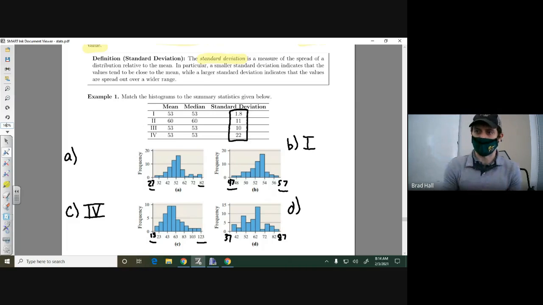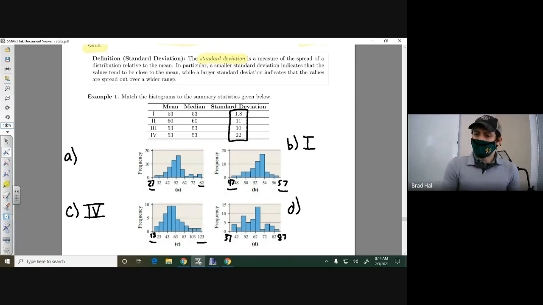It's a lot closer together to some central value. If anything, that's how this conceptual idea of a standard deviation can help us have intuition towards understanding histograms and bar graphs.